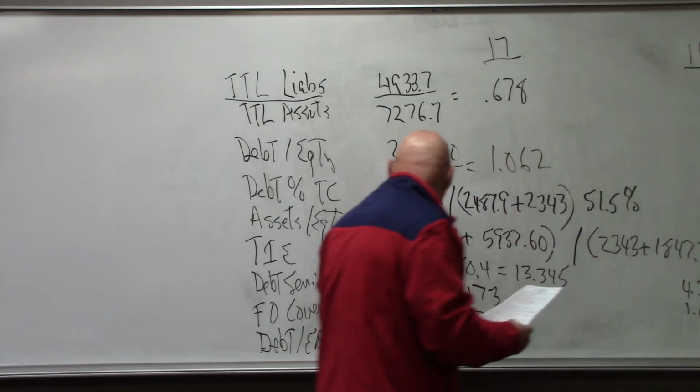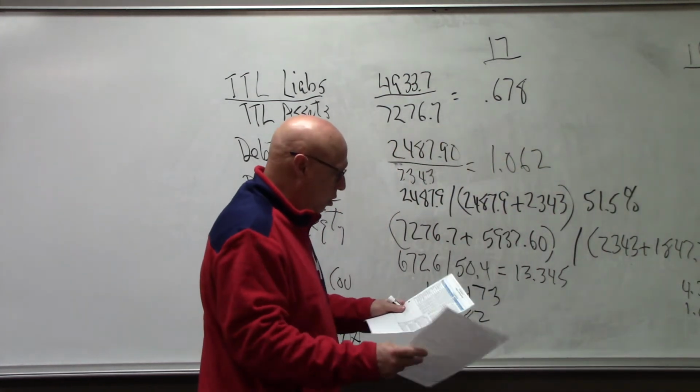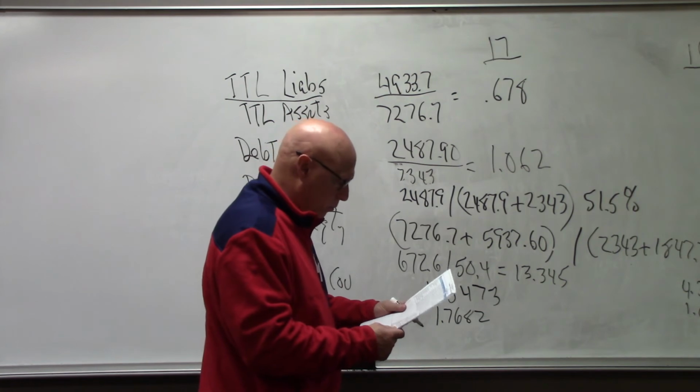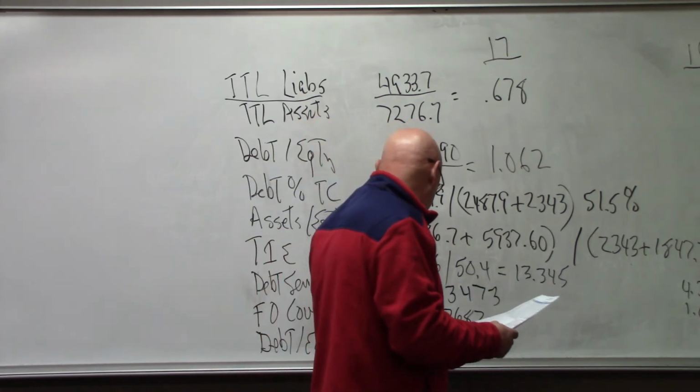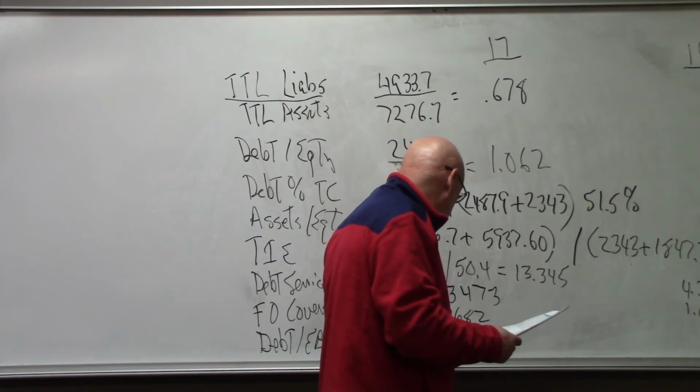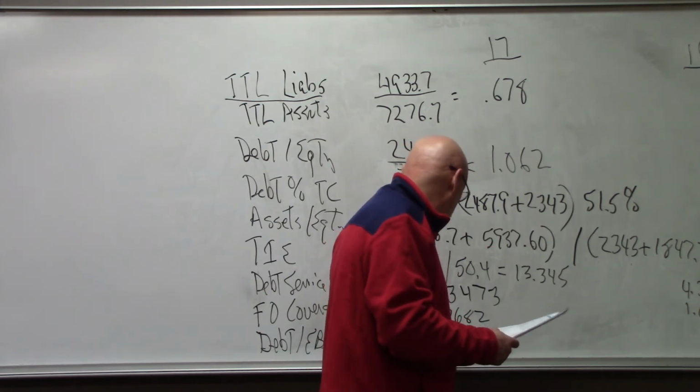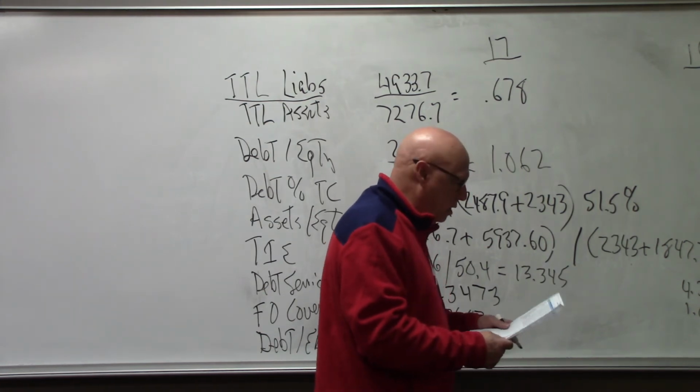All right, so let's look at debt to EBITDA. That's non-current liabilities, which is 2487.9, divided by EBITDA.